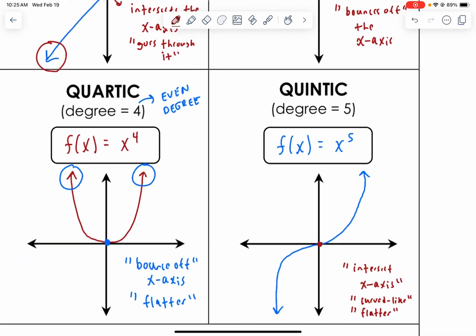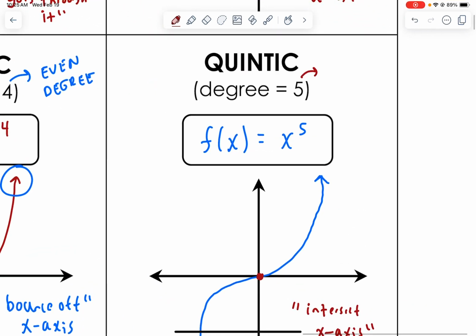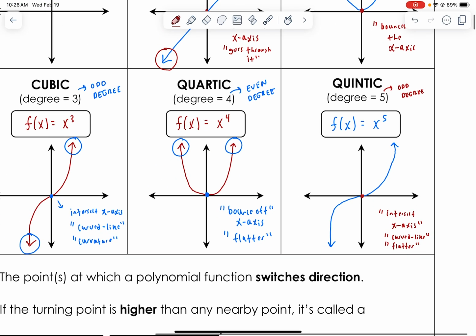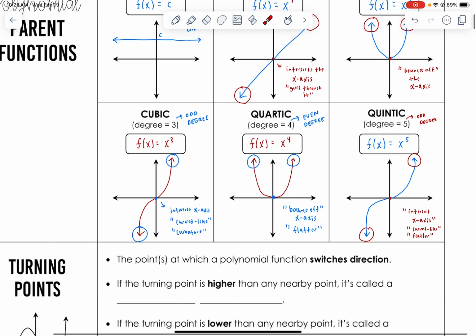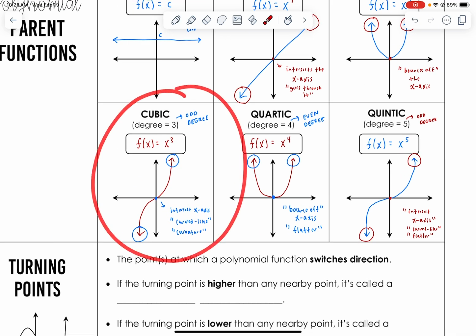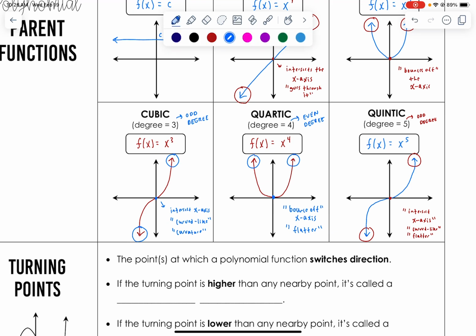Okay. And here, once again, this degree is odd. So I want you to be thinking about how that relates to the graph of the cubic function. Very similar.